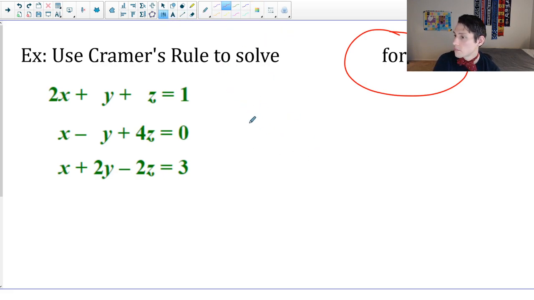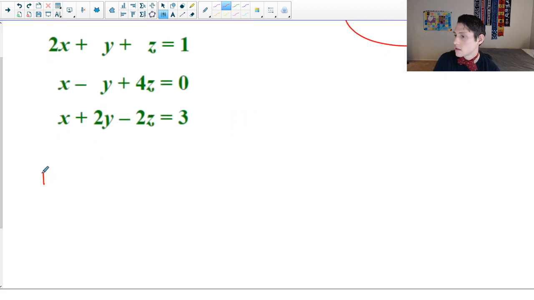Okay, so first thing, let's find the determinant D. That would be 2, 1, 1, 1, negative 1, 4, 1, 2, negative 2.